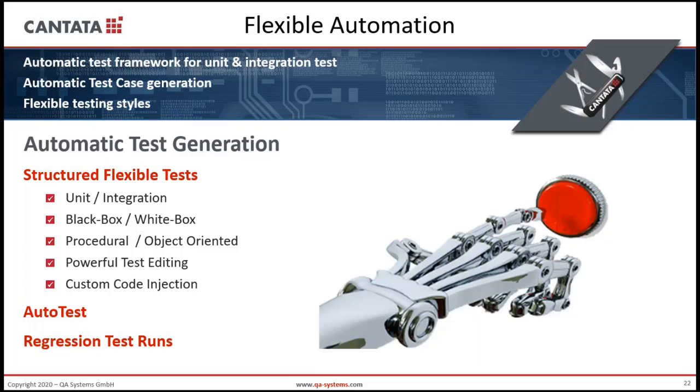Autotest, a feature of Cantata, generates complete passing test cases automatically, and I'll quickly show that in the demonstration. Tests developed in our GUI can be automatically regression run via makefiles that Cantata generates alongside the tests.